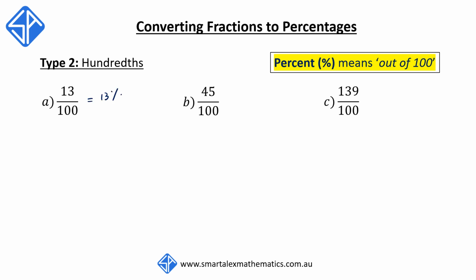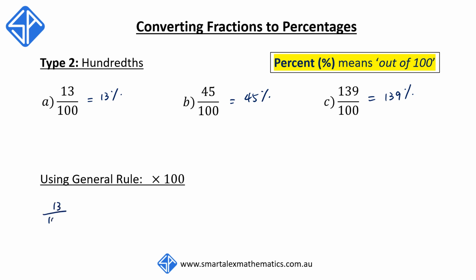And similarly for 45/100, this means 45 out of 100, which directly translates to 45%. And for C, 139 hundredths means 139 out of 100, which translates to 139%.